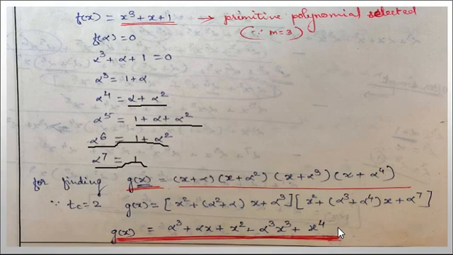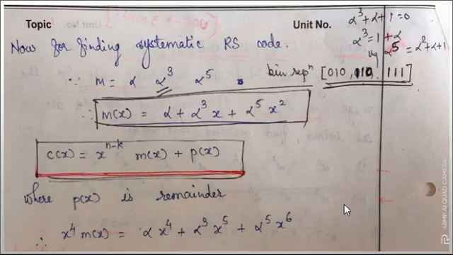So the format for the systematic code is already known to us. That is nothing but c of x is equal to x raised to n minus k d of x plus p of x. Let's look at the same. For finding the systematic RS code, these are the given terms. Actually, these are nothing but the coefficients which are given to us.